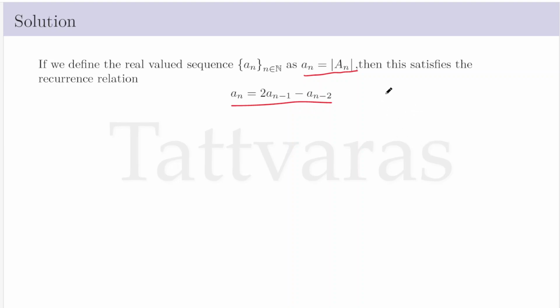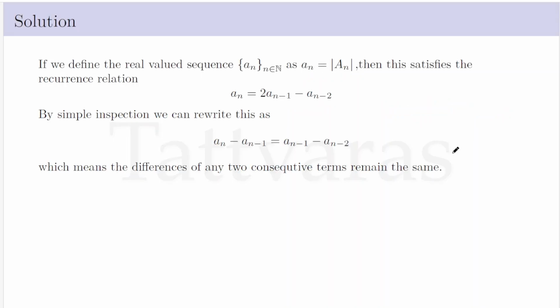It means that a_(n-2), a_(n-1), and a_n are in arithmetic progression, and this holds for all n. It can also be seen in another form, as the differences of consecutive elements being the same: a_n minus a_(n-1) is a_(n-1) minus a_(n-2).